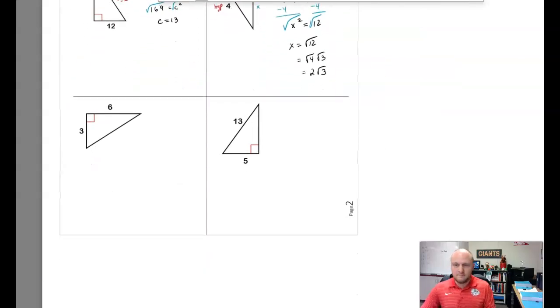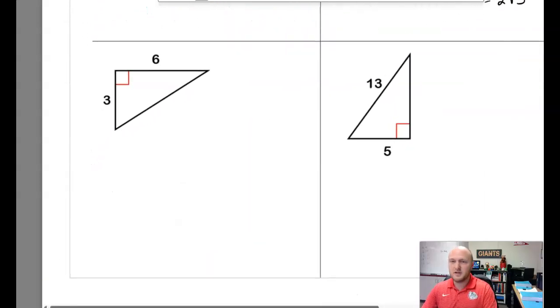All right. Last two examples here. Please pause me, and then I'll show you the answer in a moment. Okay, for this first example, we have 3 squared plus 6 squared is going to be equal to c squared. This is c, your hypotenuse over here.